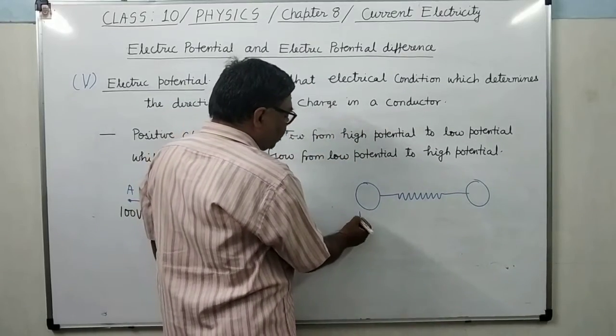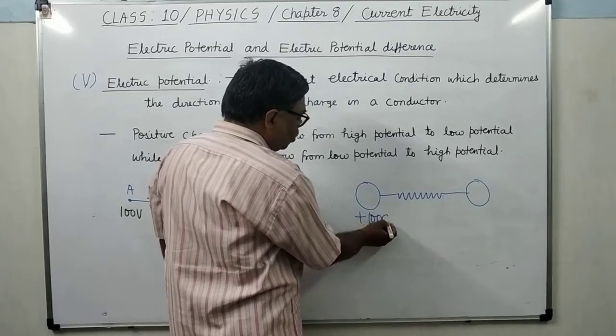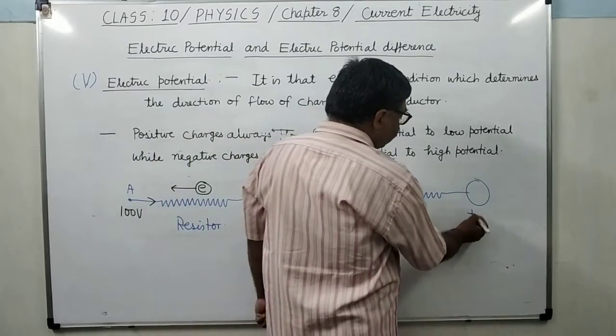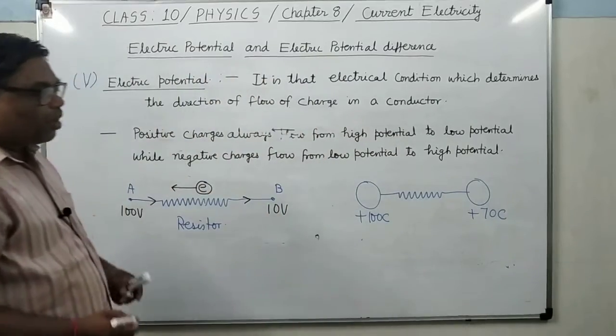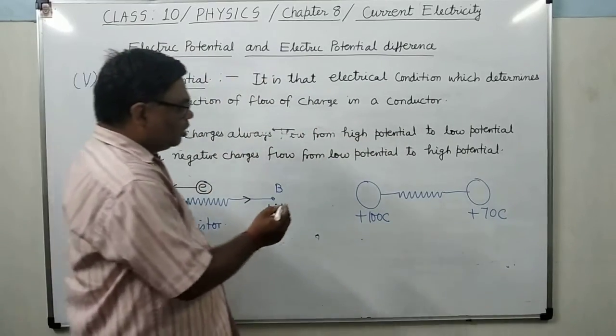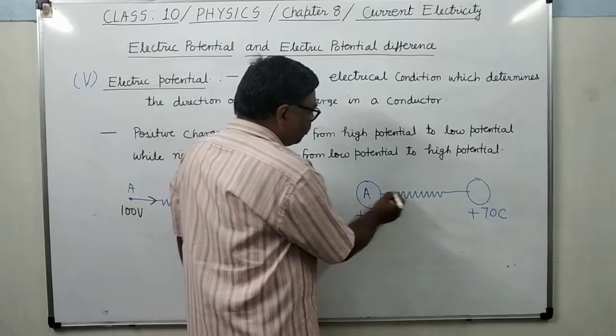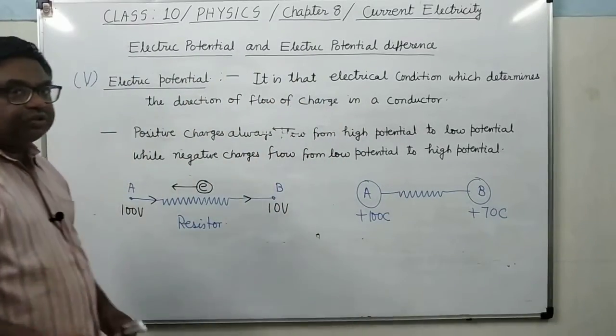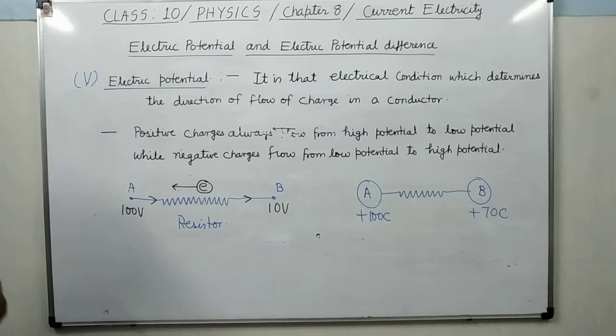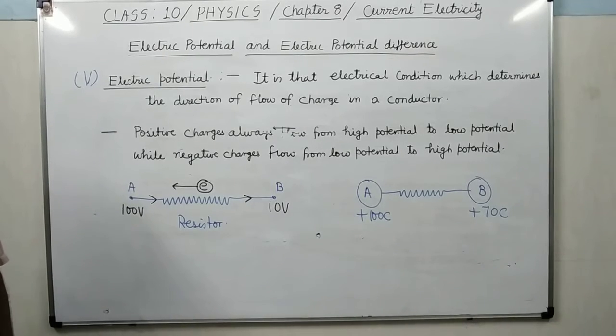Suppose this has a charge of 100 coulomb and this has a charge of plus 70 coulomb. So which body will be at the higher potential, A or B? See here, the one which is having more positive charge will be at higher potential.